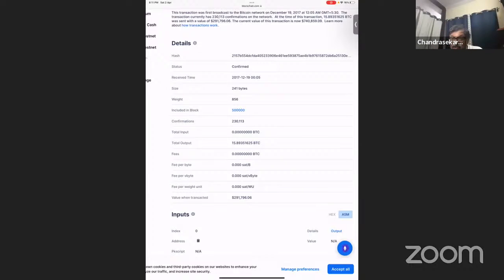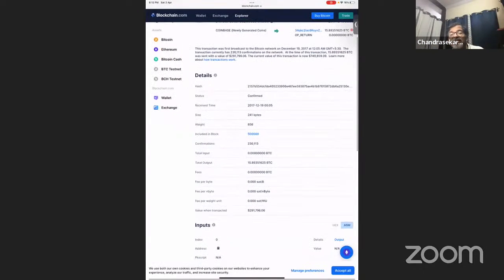Therefore, the raw transaction, which is transmitted, verified by everybody in the world and stored, is a serialized version of all this information. This is a user-friendly, structured form of information.